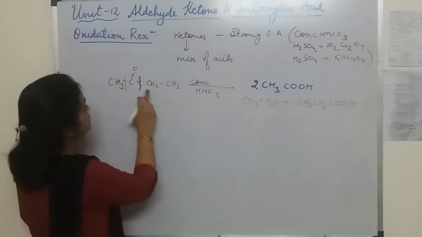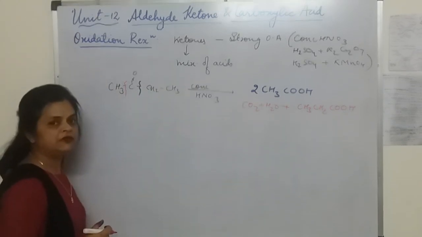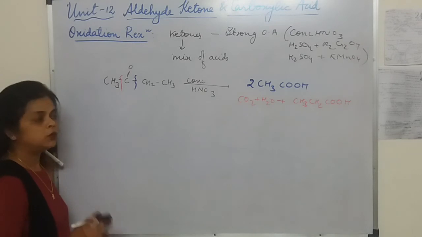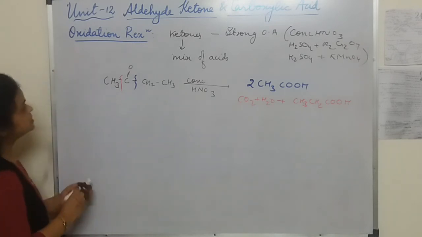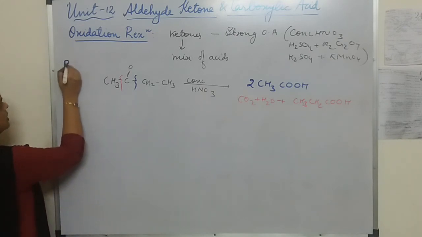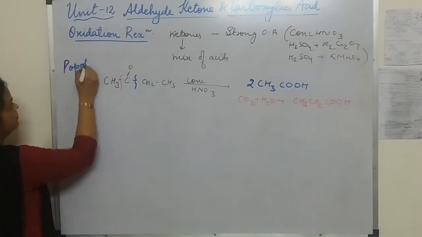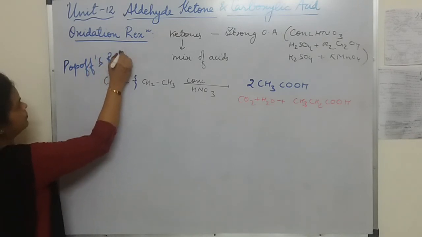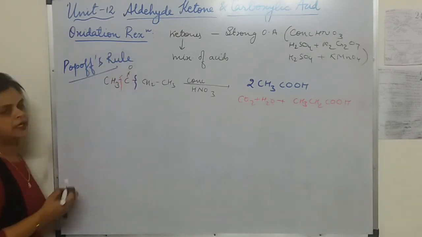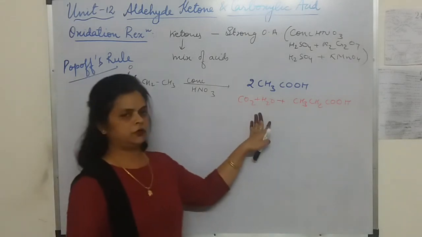Now, which bond will be cleaved? It will be decided by one rule, that is Popov's rule, a very important one. Popov's rule decides which will be the product over here.